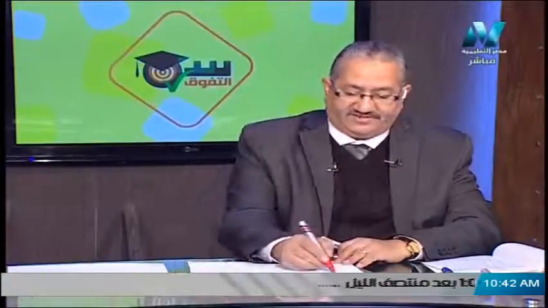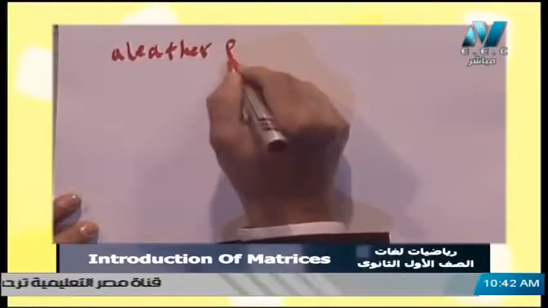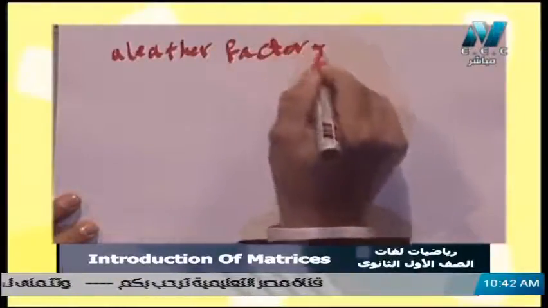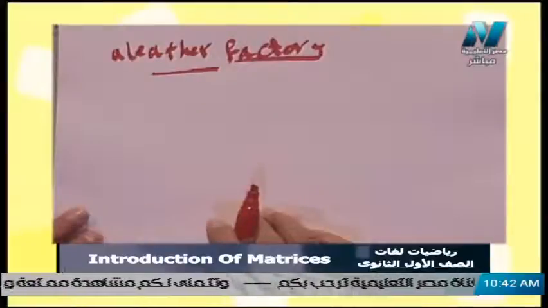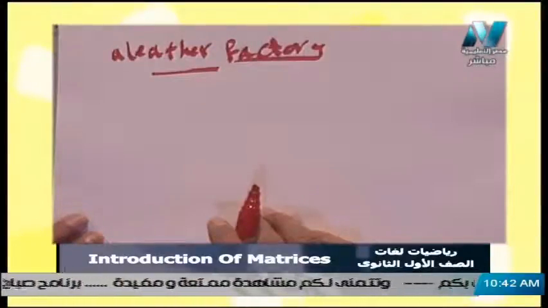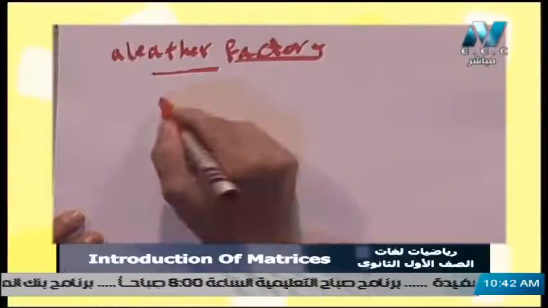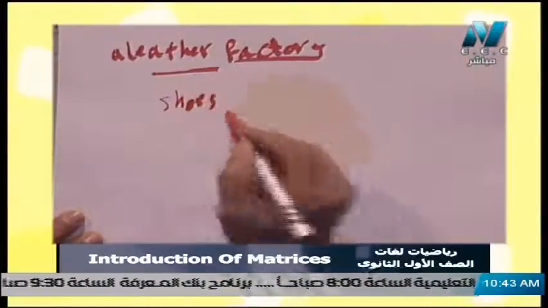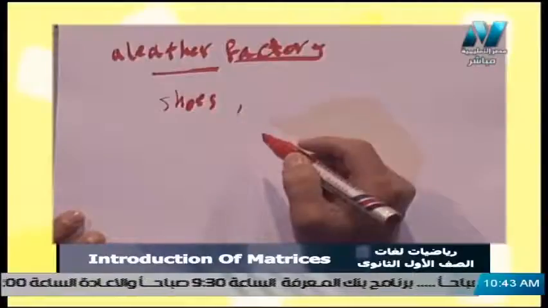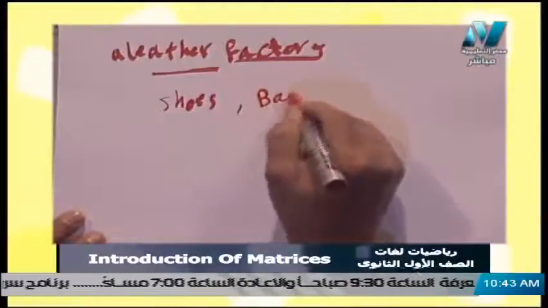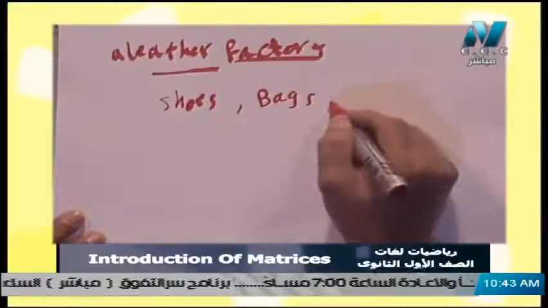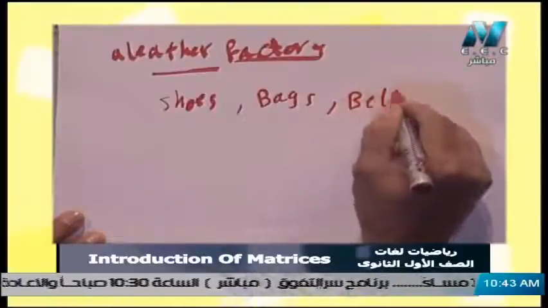This is a leather factory. This leather factory produces three kinds of products. We have shoes and bags and also belts. Okay, and we also have two branches.